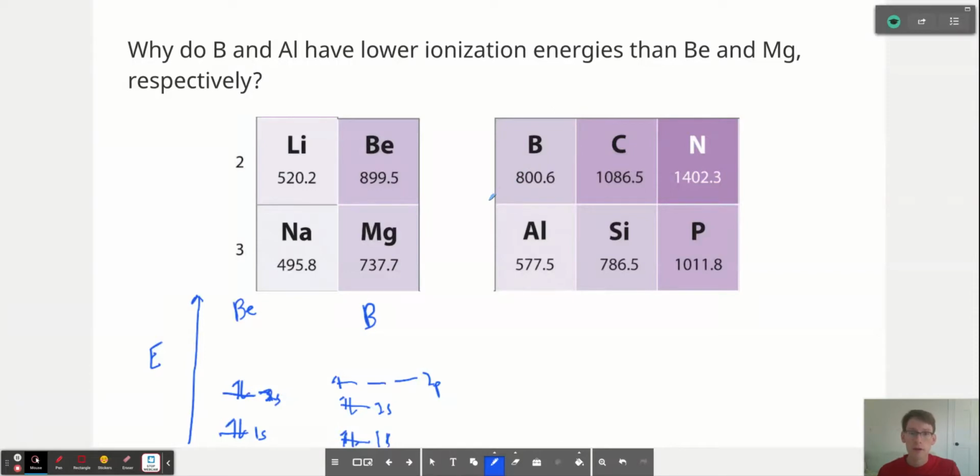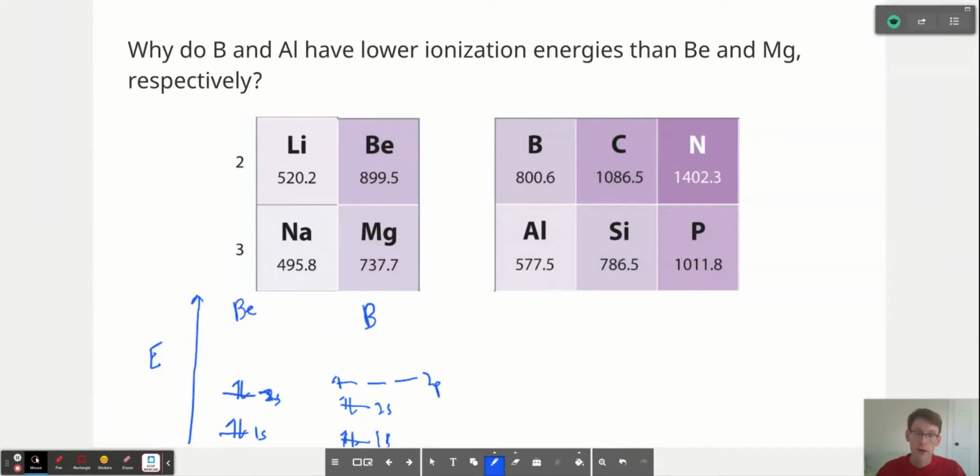And yeah, we're talking about two competing factors. Yes, boron has one more proton than beryllium, which should make it have a higher ionization energy. But on the other hand, the 2p is easier to remove than the 2s. And which of these two factors wins?